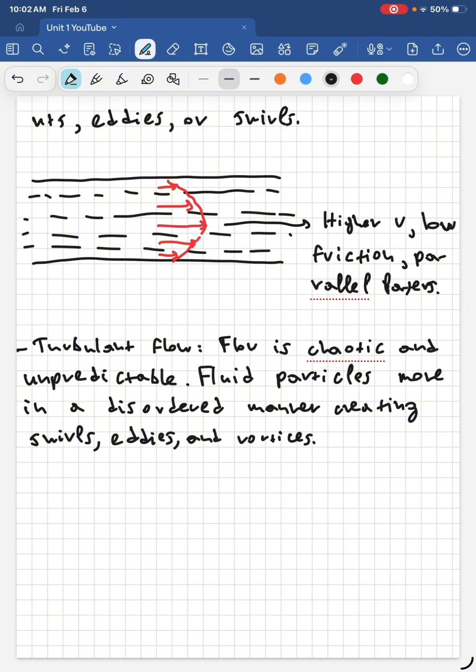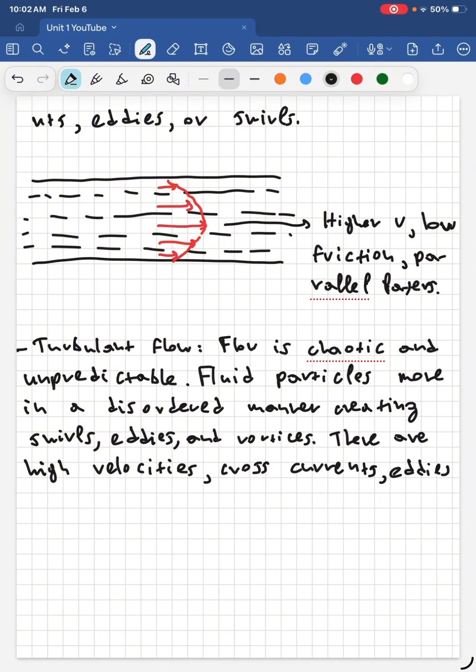So this is if you go near a river in the winter when it flows really chaotic and fast, this is when you have turbulent flow, especially when the water flows in between rocks and stuff like that. So in turbulent flow, there are high velocities, cross currents, eddies, etc.